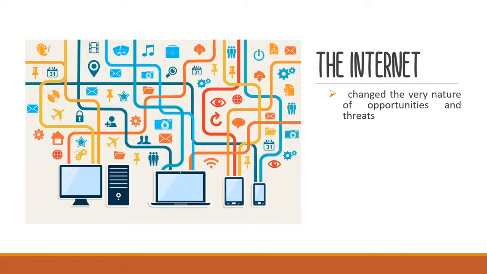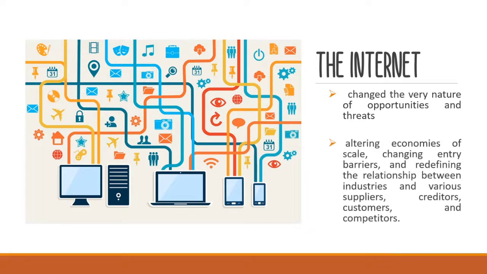The speed of distribution has increased and become easier, new products and services have been created, and the limitations of traditional geographic markets are disappearing, among others. So, the Internet is altering economies of scale, changing entry barriers, and redefining the relationship between industries and various suppliers, creditors, customers, and competitors. So with the Internet, there are a lot of opportunities in the business world, and at the same time, threats.